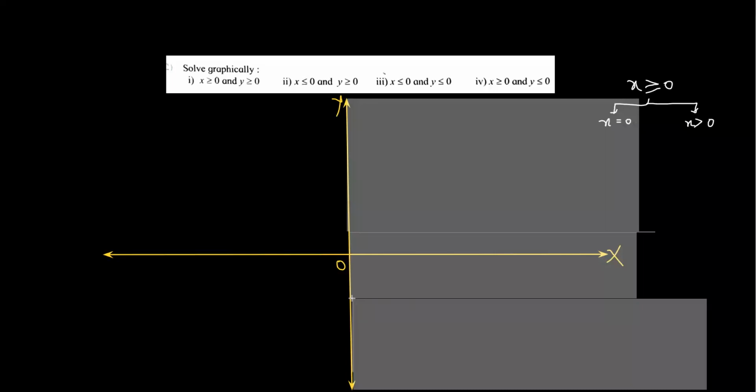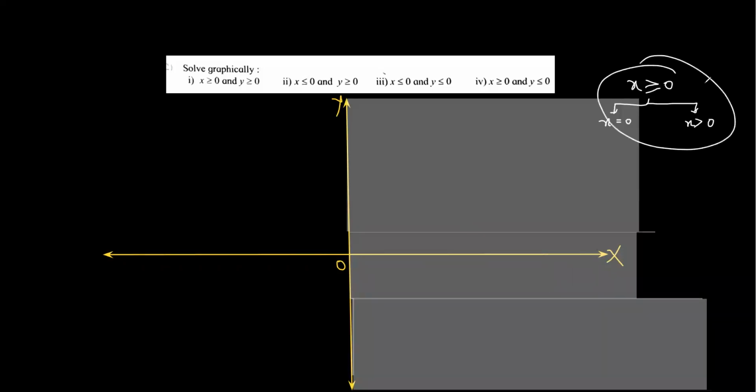This is how it is. This is x greater than 0 and x equal to 0.